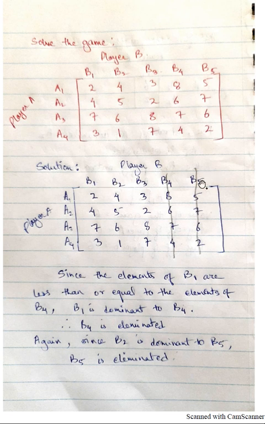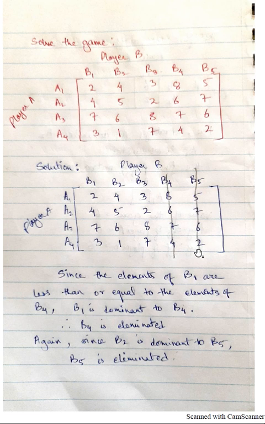So we try to compare with some other strategy. Since between B1 and B5 there is no dominant strategy, let us compare between B2 and B5. So 4 is smaller than 5, 5 is smaller than 7, 6 is equal to 6 and 1 is smaller than 2.